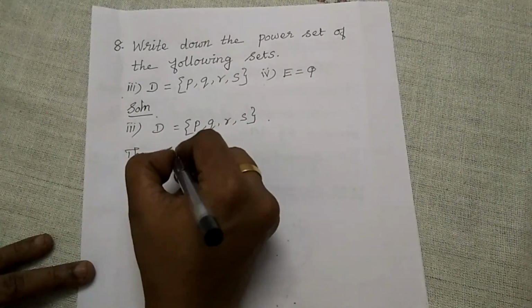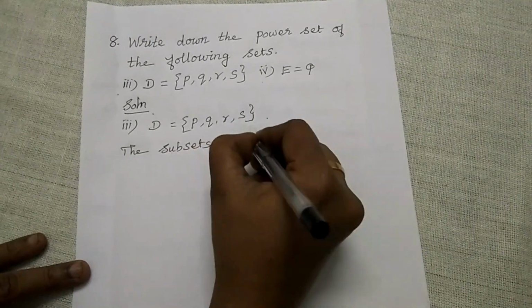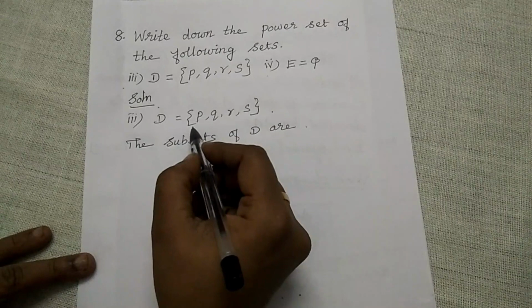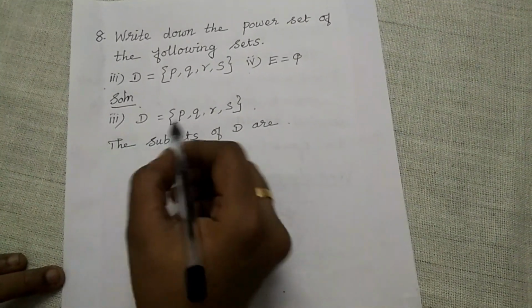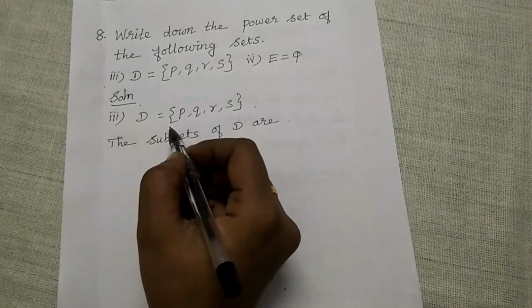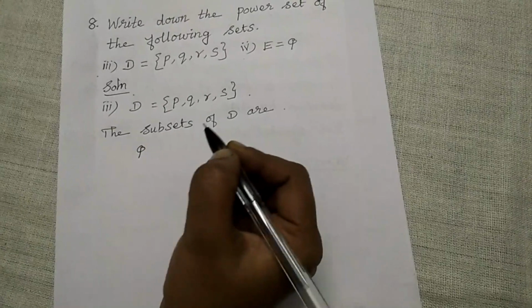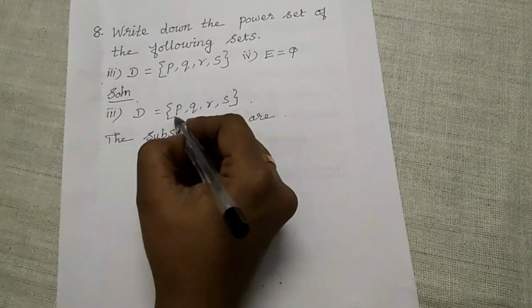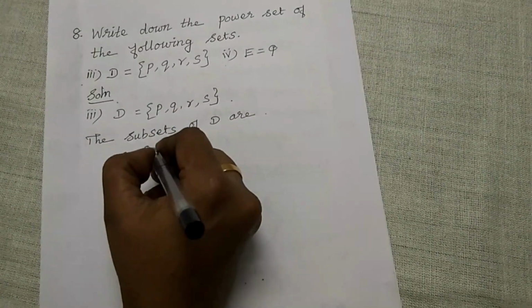Then the subsets of D are, then what are the subsets? Here 4 elements are given, then every set has one subset, isn't it? So what's the subset? First one, null set, then comma, then set of P, set of Q, set of R, set of S. Separately we have to write.